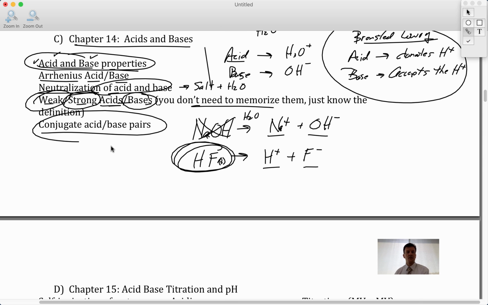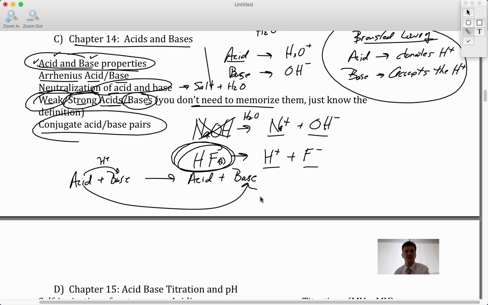Conjugate acids and acid-base pairs, that simply means that when you have on one side an acid and a base, on the other side the acid will turn into a base, and the base into an acid. So for example, the acid, when it donates the H+ to the base, it then will turn into a base on this side.